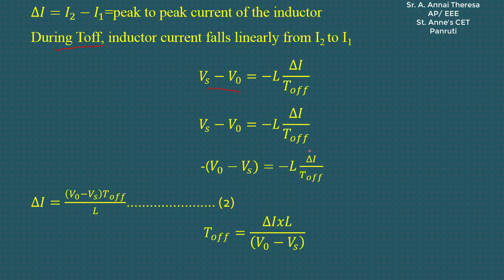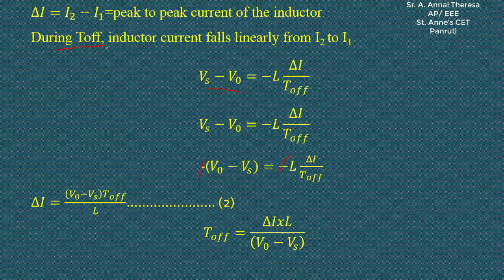So first you can find the value of delta I. Before that we can cancel the minus sign. So delta I is equal to V0 minus Vs into T off, divided by L. This L will come to the denominator. So this is your delta I during the turn off time.